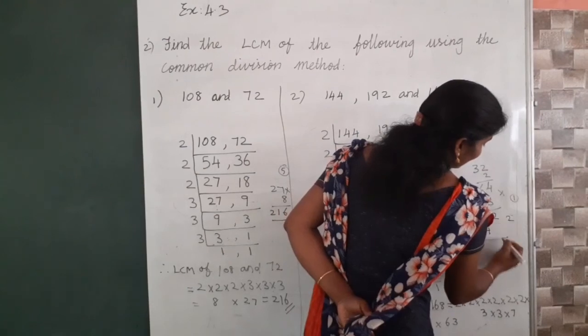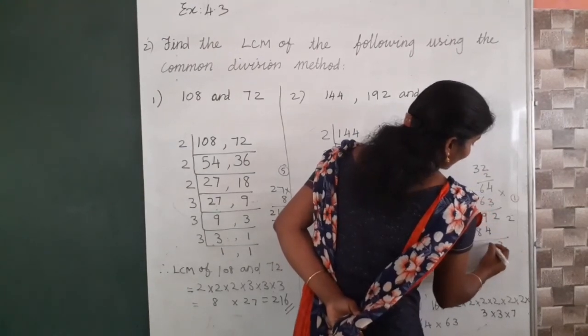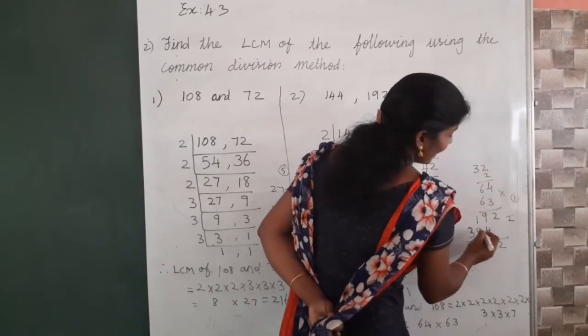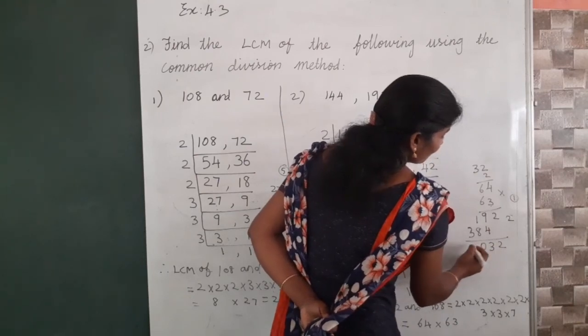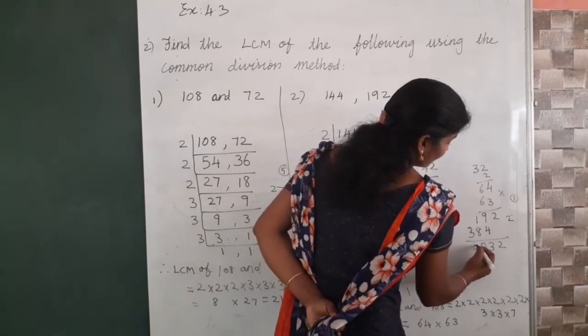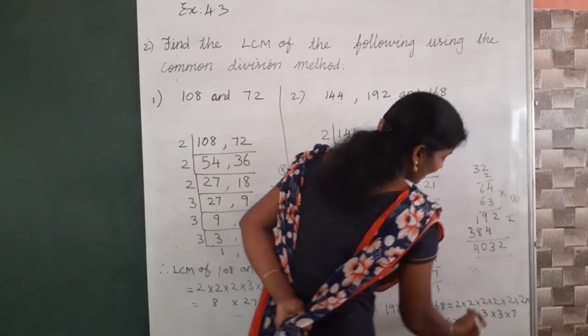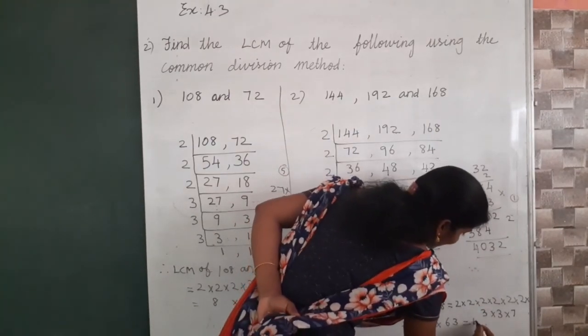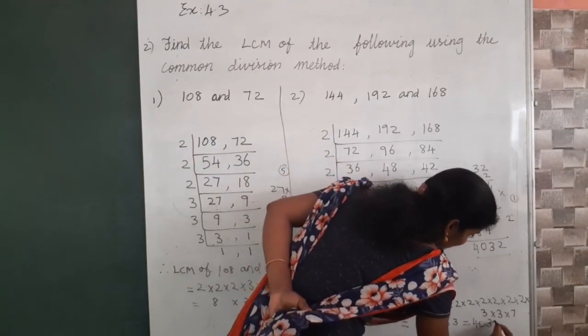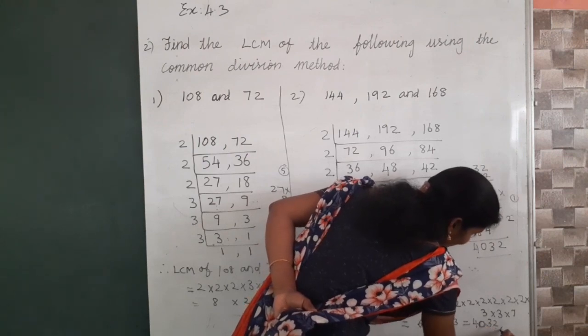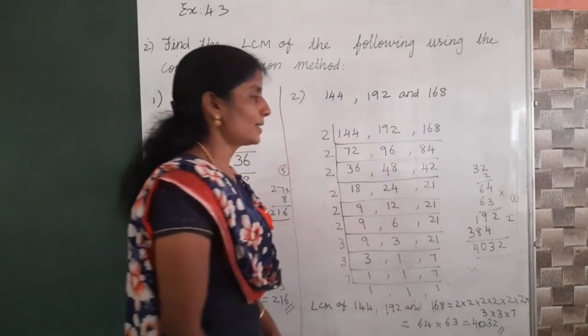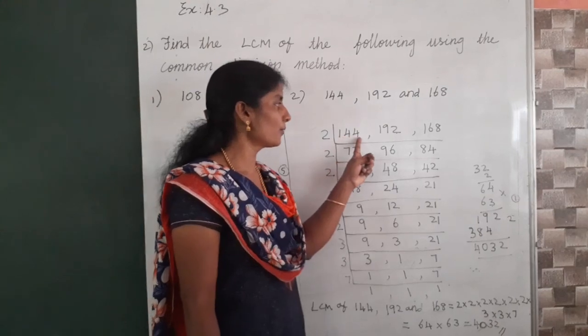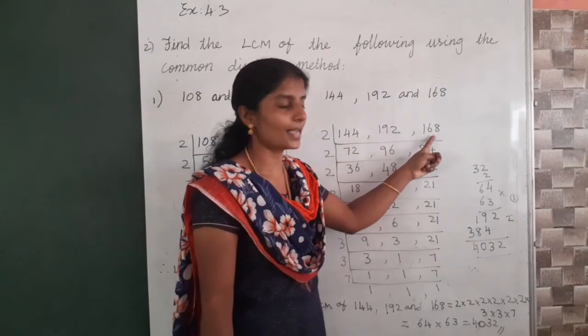Now we can add 2, 9 plus 4, 13, 1 balance, 9 plus 1, 10, 1 balance, 4. 4,032 is the answer. Okay, 4,032 is the answer. What is the LCM of 144, 192 and 168?